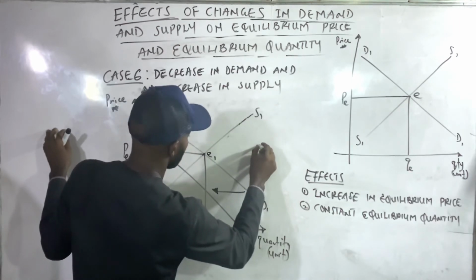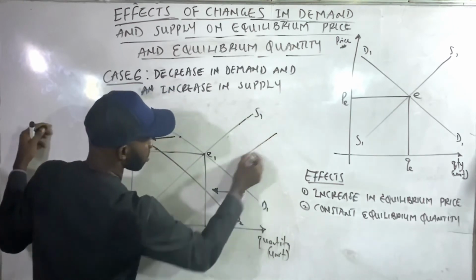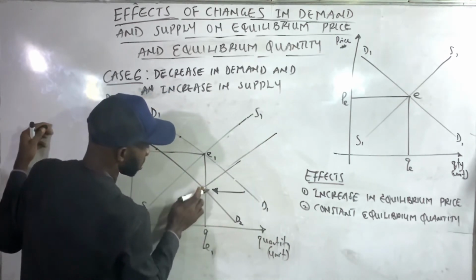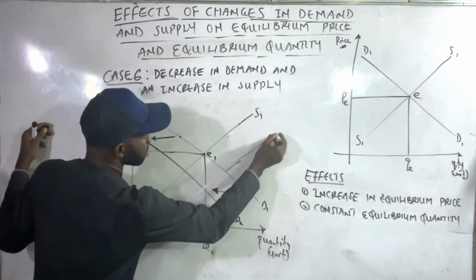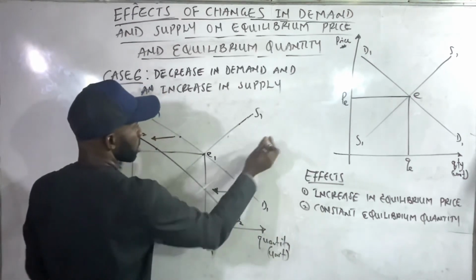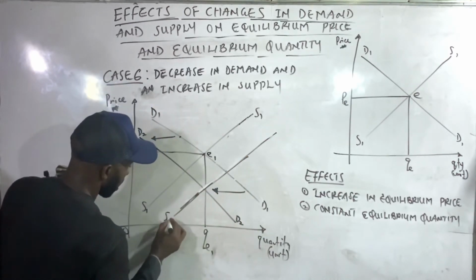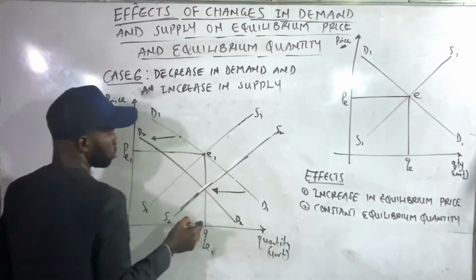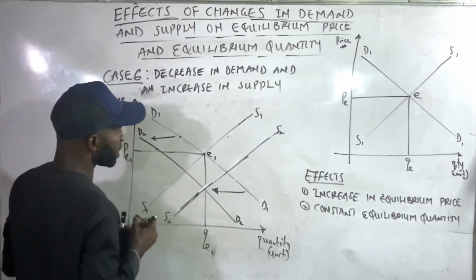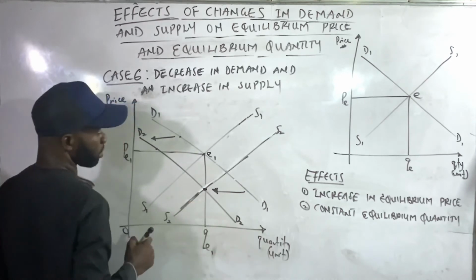So if we consider something of this nature, we are going to have this, for example. We're having this, for example, and we have S2, S2. For S2, S2 and D1, D2, D2, this will be the new equilibrium points.